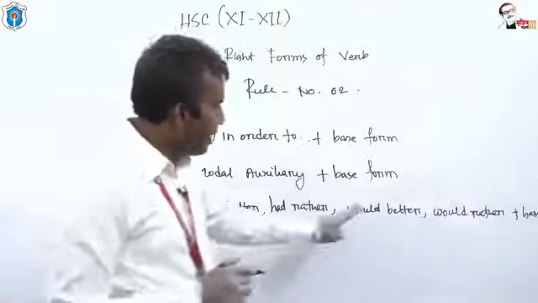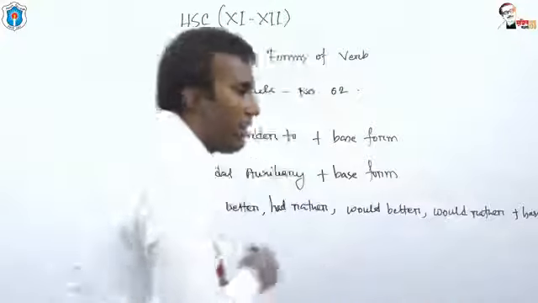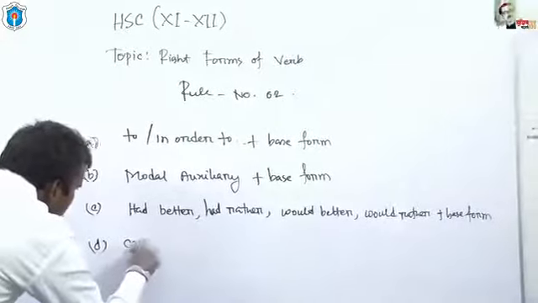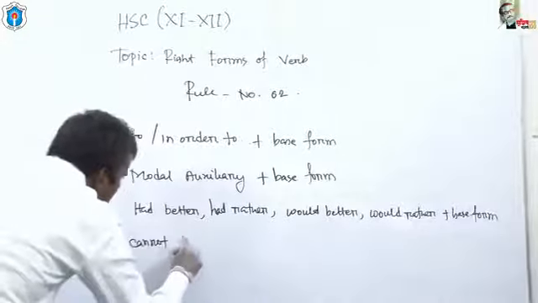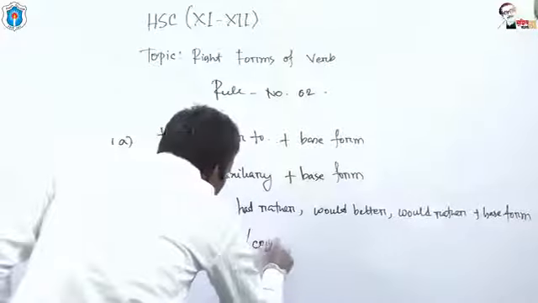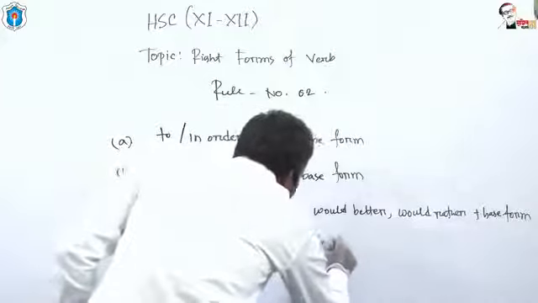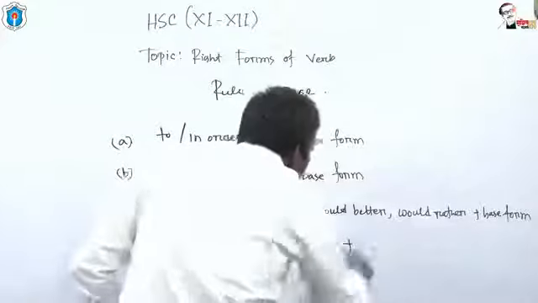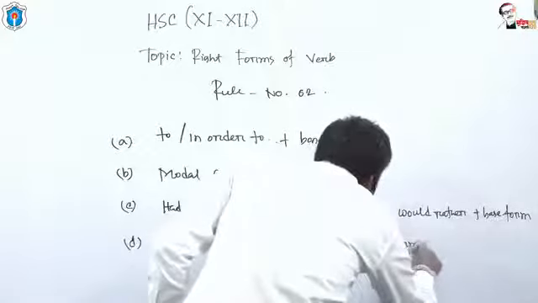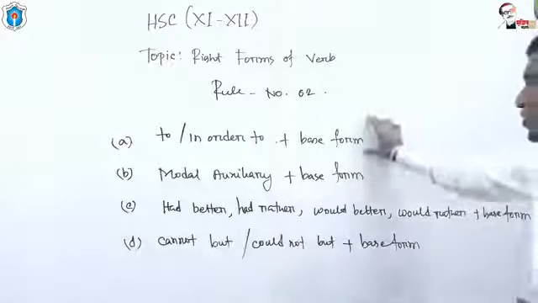Had better, had rather, would better, would rather. After these words, we have to use the base form of the verb. Okay? Next one: cannot but or could not but. We need to use base form. Look, my dear students, I have combined 4 rules here.